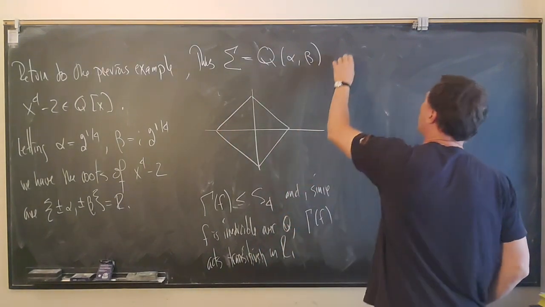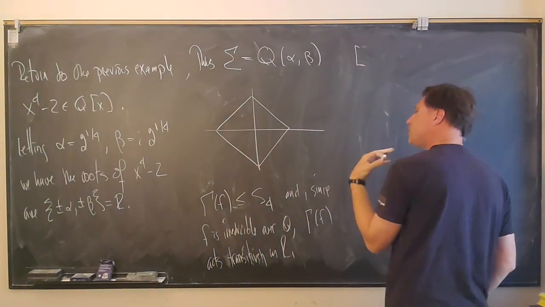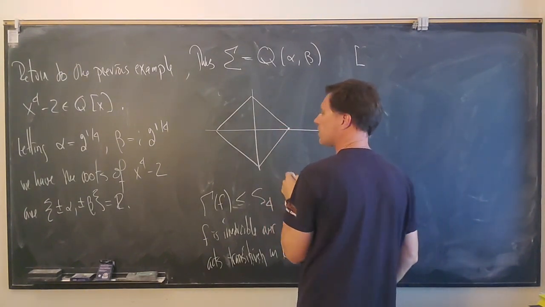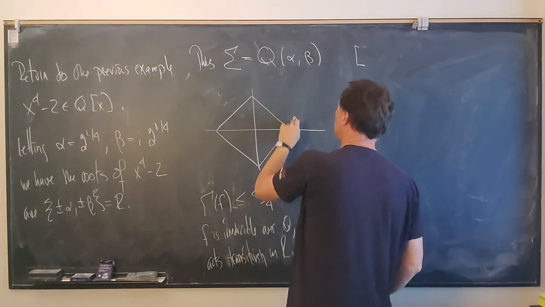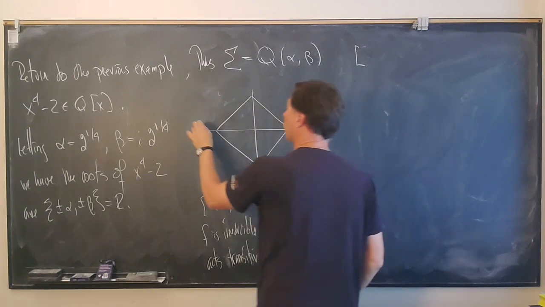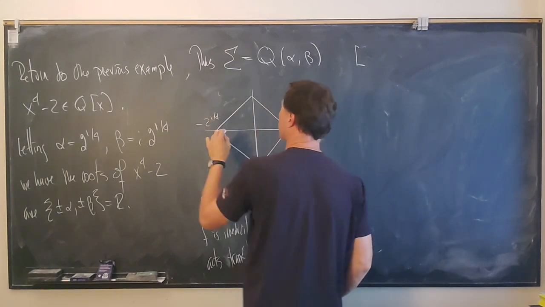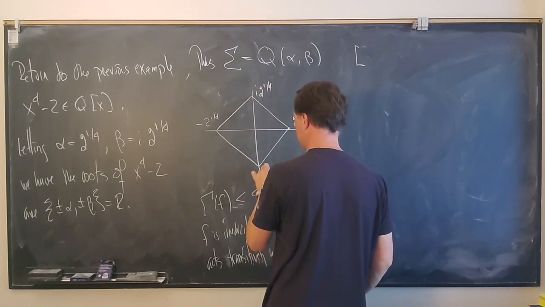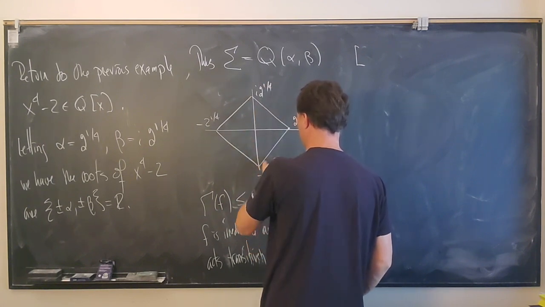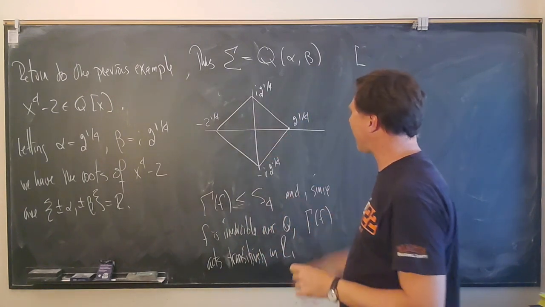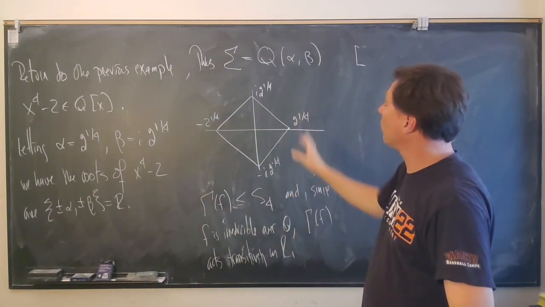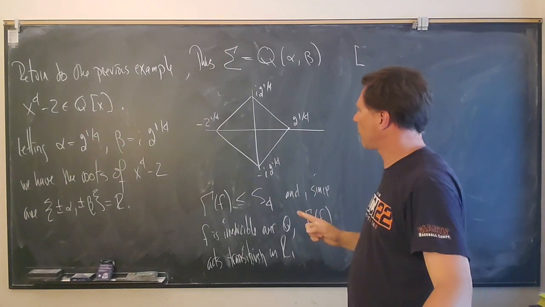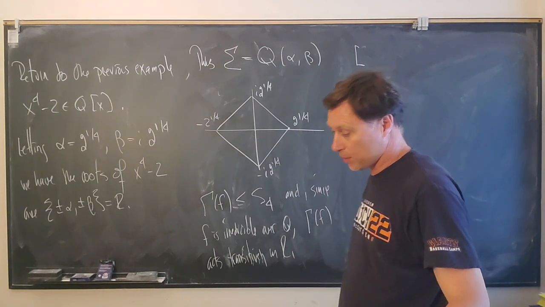Now, I'm doing this differently in the following sense. Sorry, I forgot to draw my picture here. So this is 2 to the 1/4 right here. Over here is minus 2 to the 1/4. This is I times 2 to the 1/4. And this is minus I times 2 to the 1/4. You can draw this little diamond-shaped thing and get a feel for how the elements of the Galois group behave. So I want to keep this diagram up here.